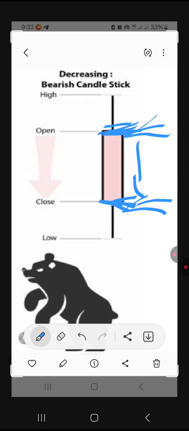So a bearish candle just means that sellers were stronger. That's just simple. Price opened higher, which is here, and then it closed here. You understand?